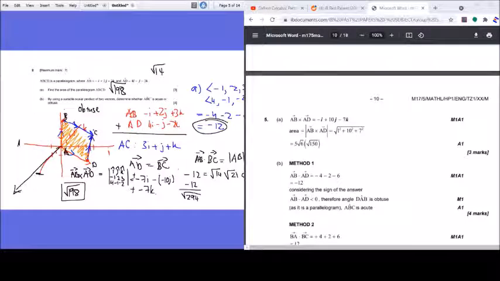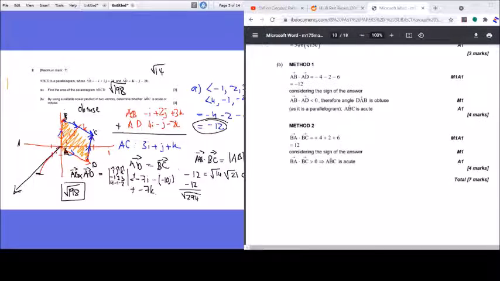Next, we have AB cross AD. We actually did have to cross AB and AD, and we did not get the right answer because for some reason I thought -4 plus 3 was 7. Method-wise, I got 1 point, but I wasn't able to get the other points because I wasn't able to check my answer. We had to consider the sign of the answer, which is -12.